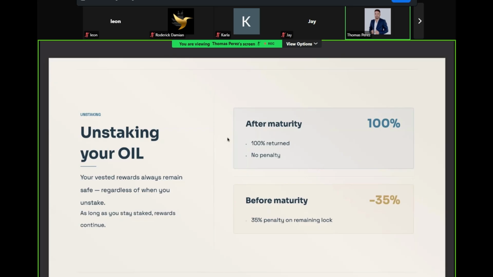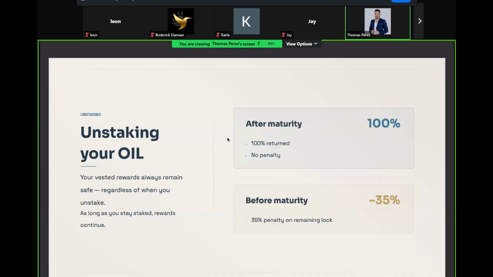But there is again a penalty. And this penalty is not lost for you, yes, but it goes back into the system, into the same tiers where you were, and all those people will be very happy for you to unstake your token earlier because you will get a 35% penalty on the amount that you unstake.